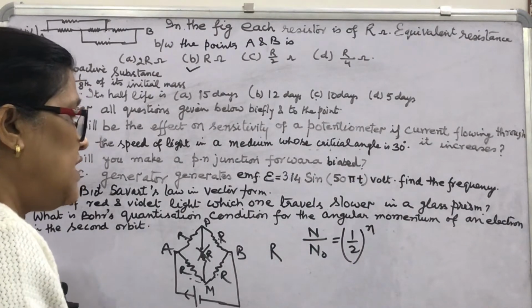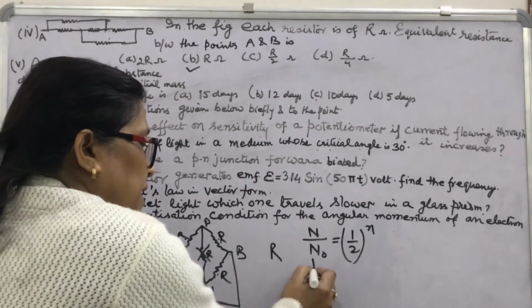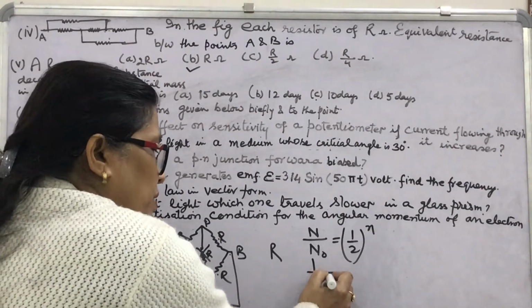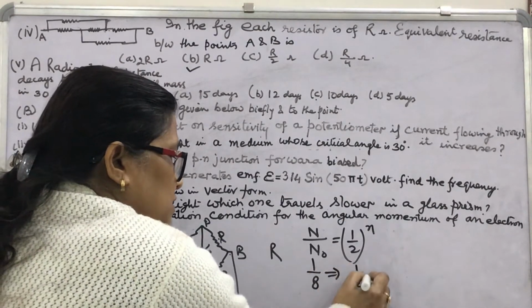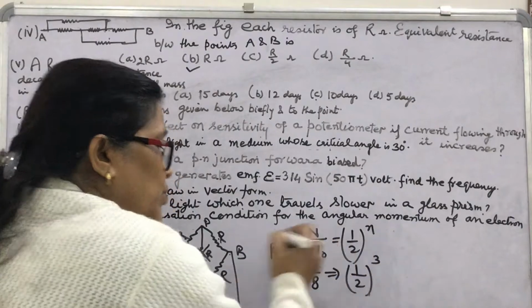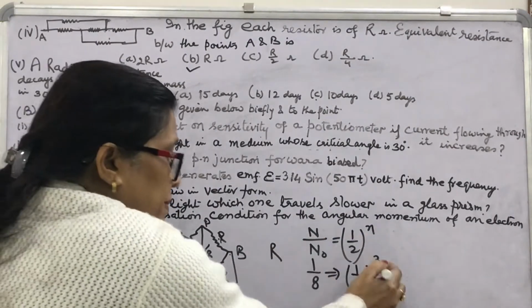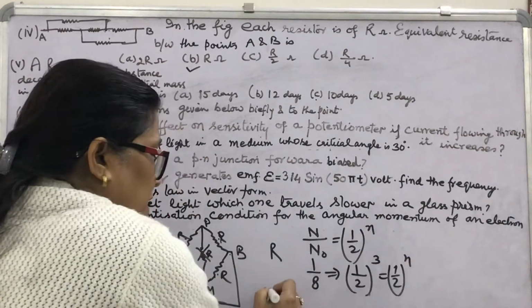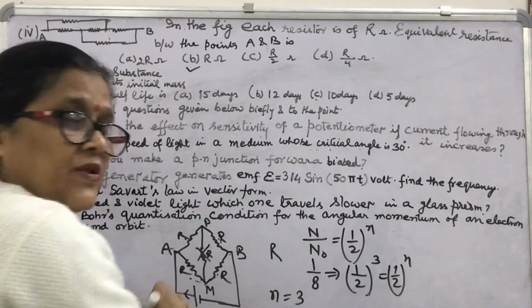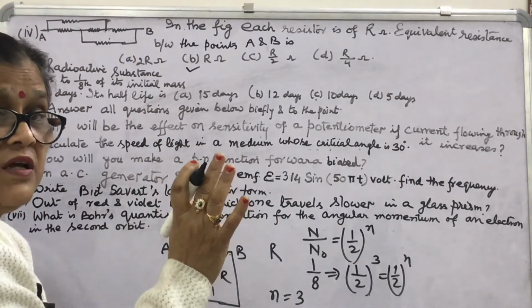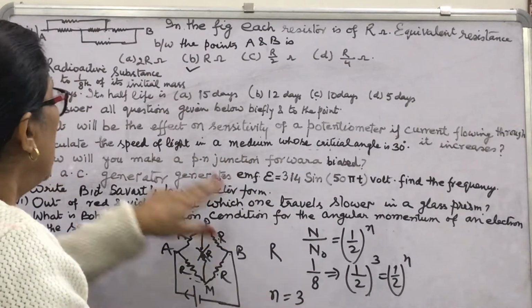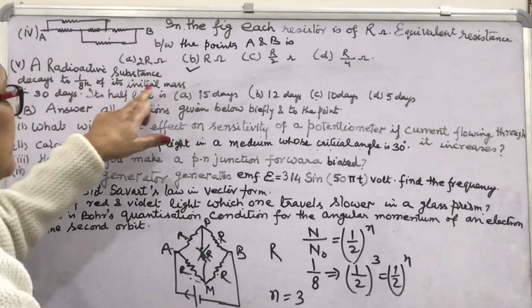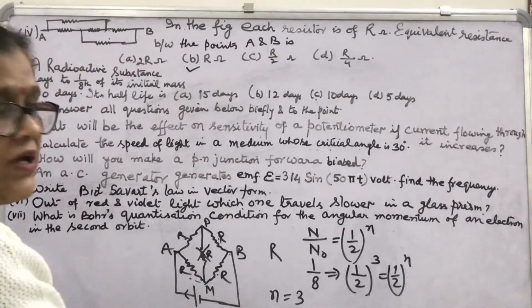Here it is given as 1/8, and you can write this 1/8 as 1 upon 2 whole cube. Then by comparing this with 1/2 to the power n, you get n equal to 3. So 3 half-lives. After 3 half-lives, you get 1/8 of the initial mass.